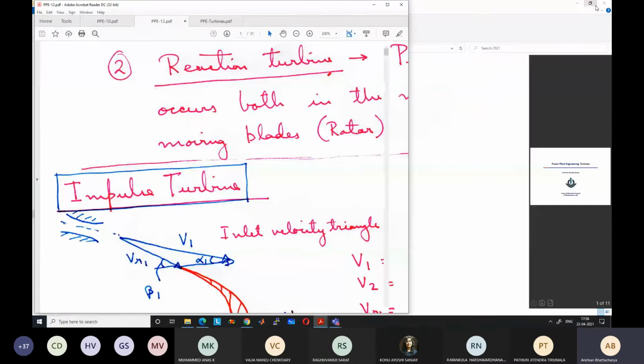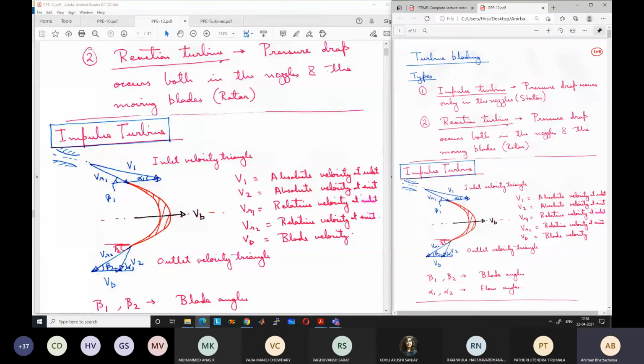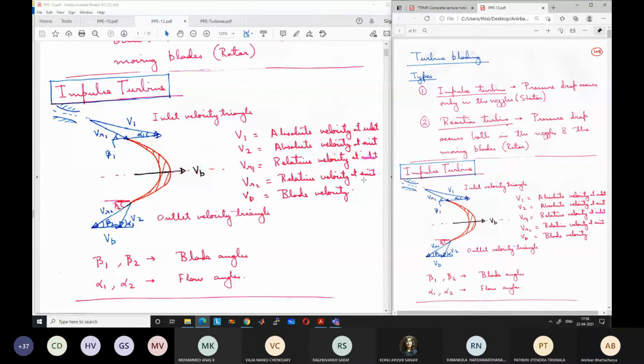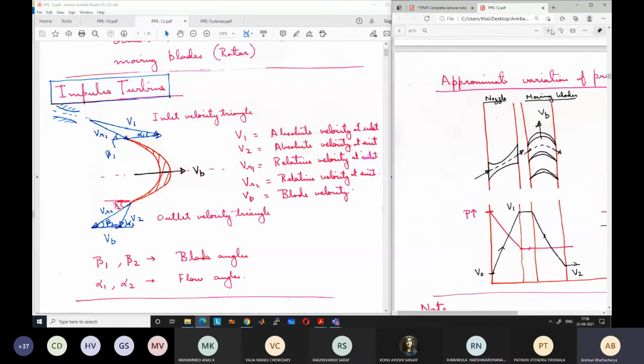Let me show you another diagram which is more helpful. There are multiple nozzles like this. Say another nozzle is here.